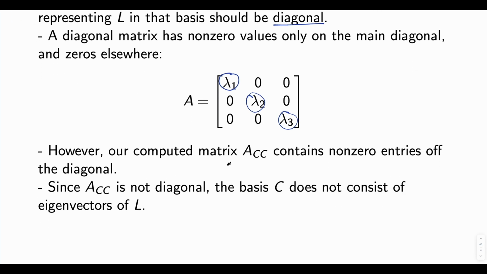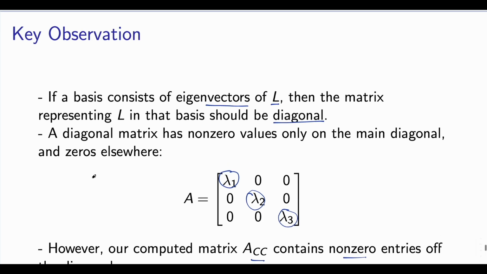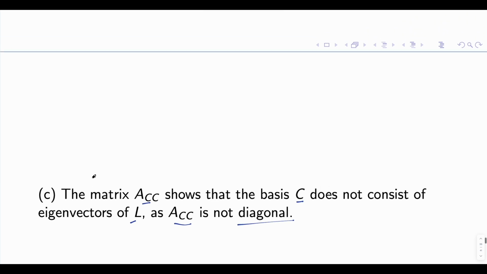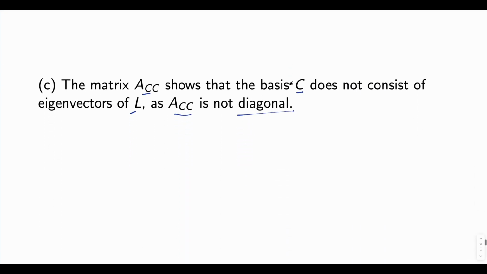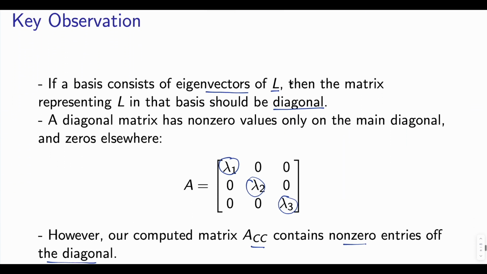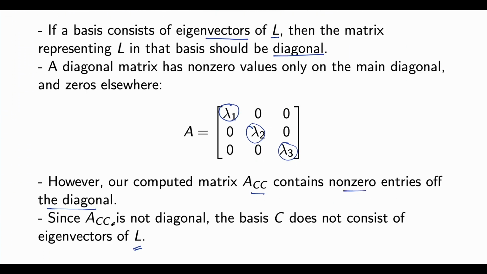However, our computed matrix A_CC contains non-zero entries at the off-diagonal positions, right? These entries are non-zero, you see. So this is not at all a diagonal matrix. So, since A_CC is not diagonal, the basis C does not consist of the eigenvectors of L. So this is our conclusion.